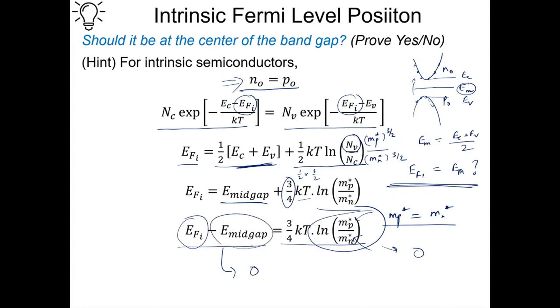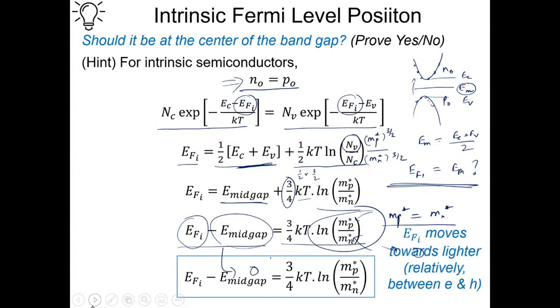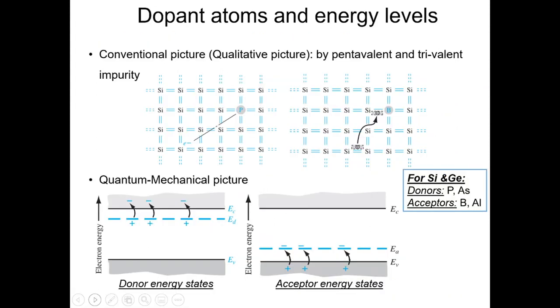Otherwise the intrinsic Fermi level will always move towards the lighter particle, between electron and hole. So if holes are lighter, the intrinsic Fermi level will be closer to the valence band, and if the electrons are lighter, the intrinsic Fermi level will move towards the conduction band.